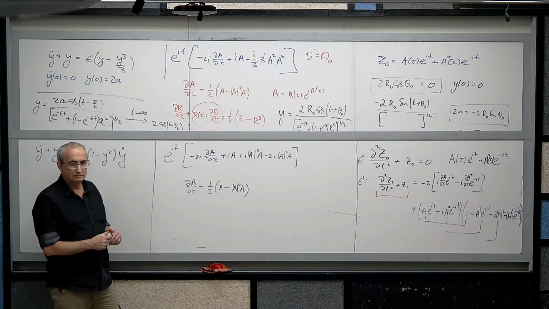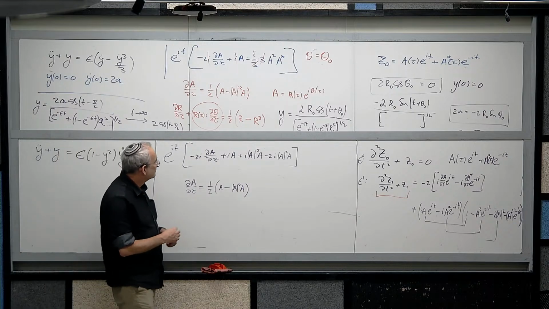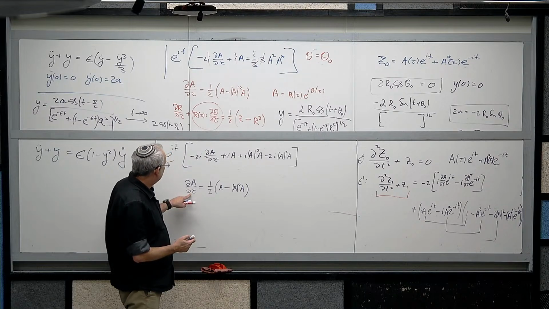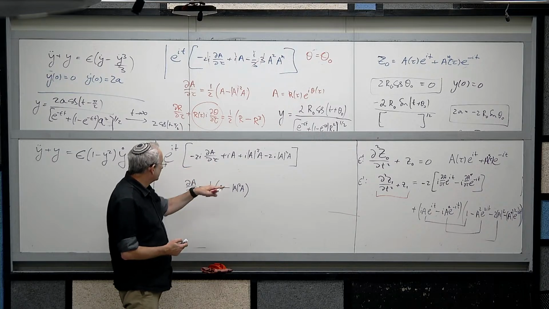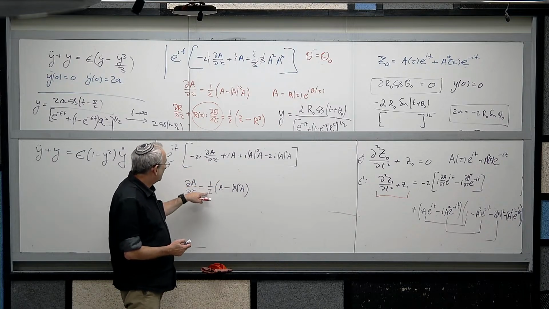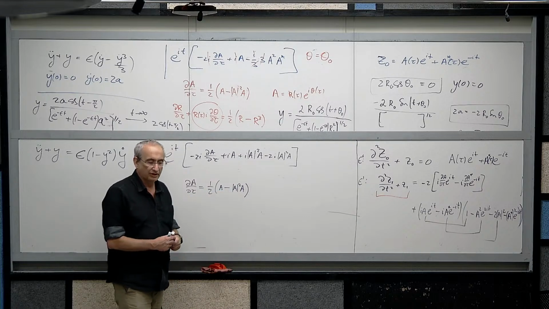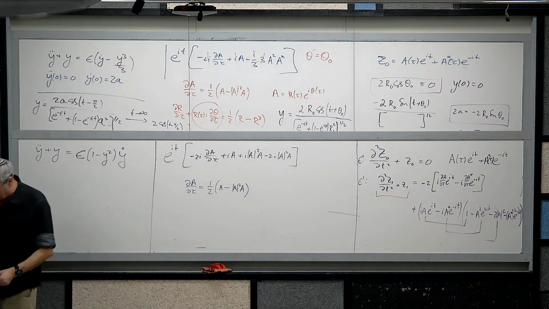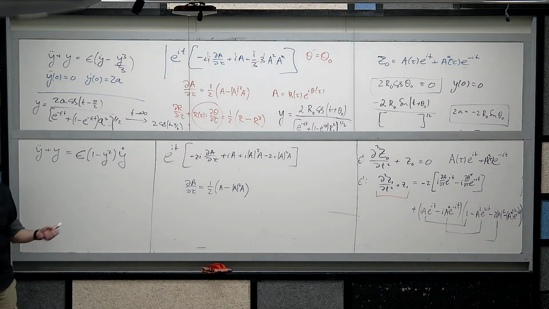I think it's the other way around, because it's negative. I took that to the other side. Okay, yeah, I have 1/2 A minus, yes. So I think that this was exactly what we obtained before. Okay? So the answers are the same.